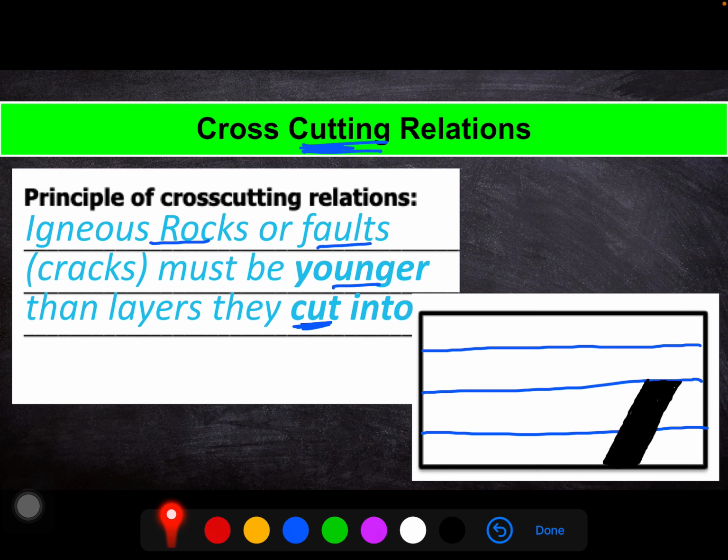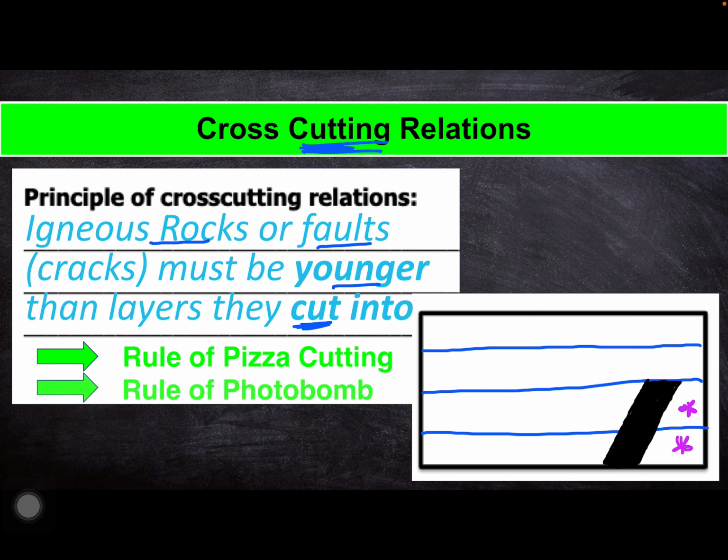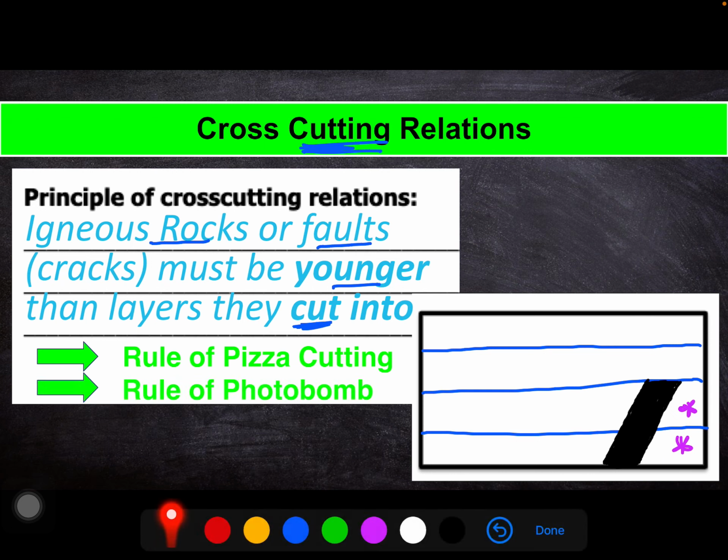So with that analogy you used yesterday, a good thing to think about is that pizza cutting, right? Everybody knew to cut the pizza was last. Just like here, any igneous rocks or faults have to be last for layers that they cut. So I can't necessarily say that this is after these because it's not impacting it, but it sure has to come after those. I also like to call this rule sometimes the rule of the photobomb, right?